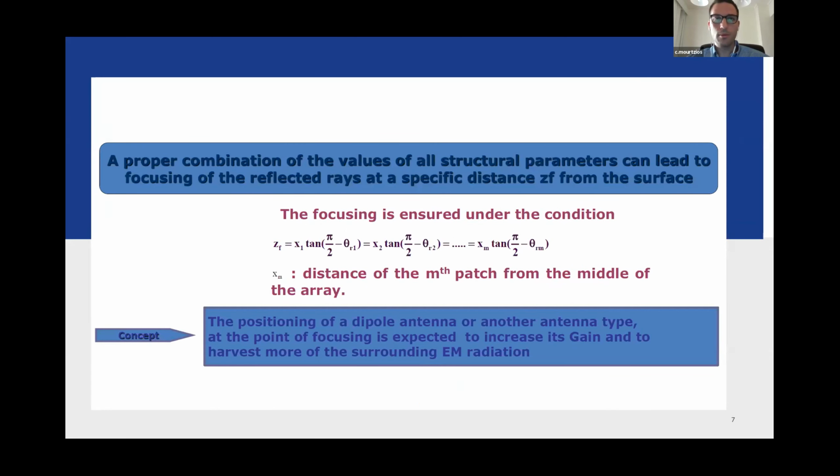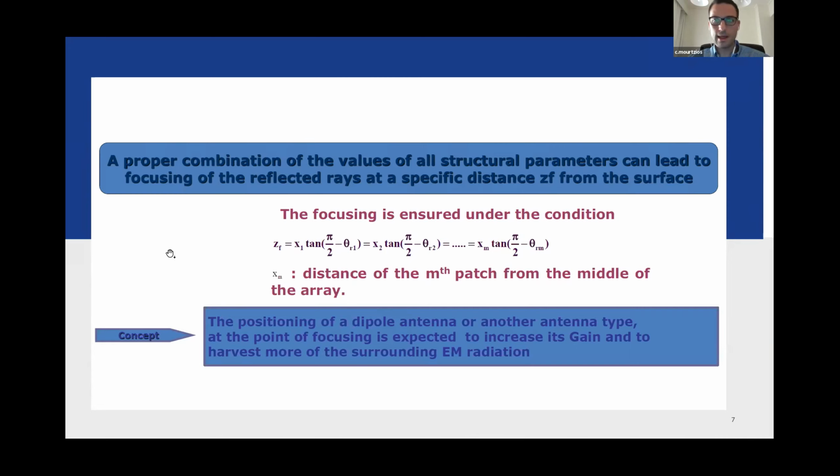By properly combining the values of the structural parameters of such a device, we can achieve focusing of the reflected rays at a specific distance ZF under this condition, where xn is the distance of the nth cell from the middle of the array.